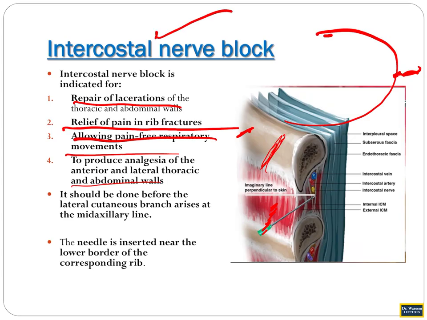Behind, in the intercostal space, you should put the anesthetic solution, behind the emergence of the lateral cutaneous branch, because if you put the needle here, your lateral cutaneous branch will still be working, and a lot of area will still have pain. So you should put the anesthetic solution a few centimeters or inches behind the mid-axillary point, which is the point from where the main nerve gives off the lateral cutaneous branch.